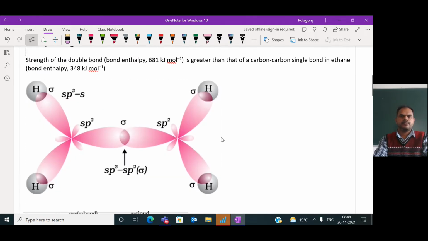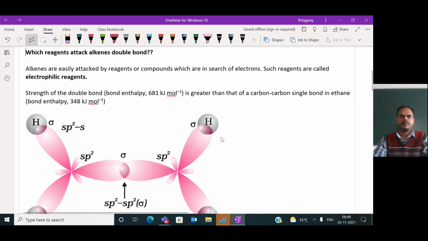Due to the presence of this double bond, alkenes attract reagents. What type of reagents do alkenes attract? Electrophilic reagents attract the alkene C double bond C. Can you guess why?